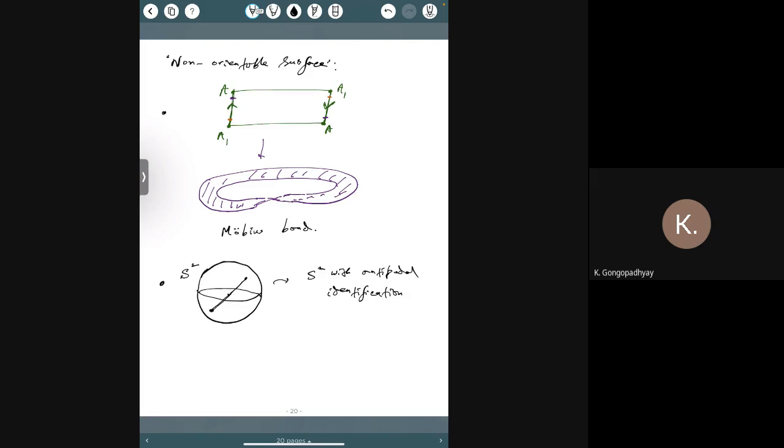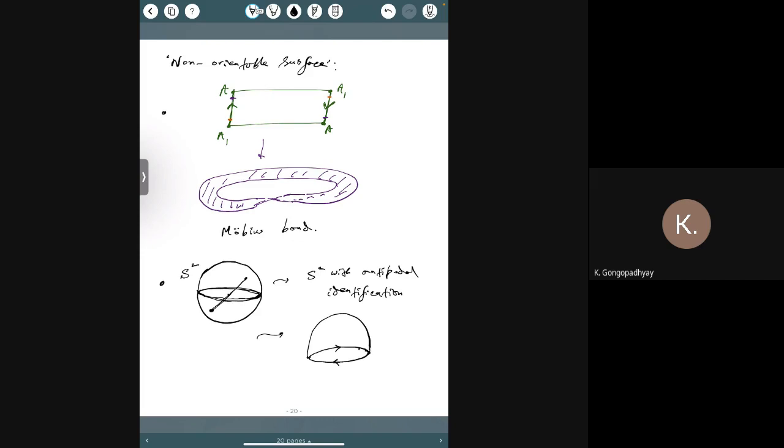Okay, so if you do that, then what you get is the upper hemisphere. The lower hemisphere maps to the upper one. If you assume that this point and this point are the same, you can cut this ball, or the surface S2, by a scissor. What is left with you is this upper hemisphere along with this boundary circle. But there you have this opposite orientation.